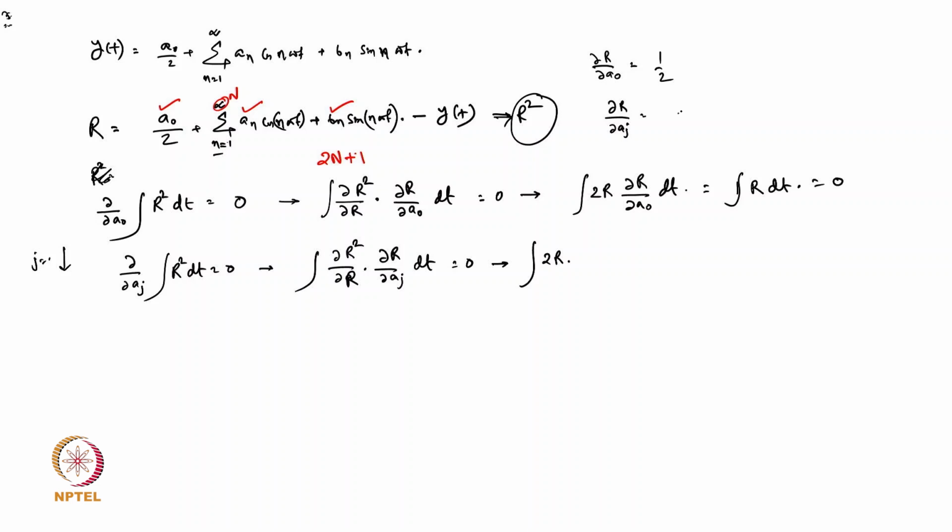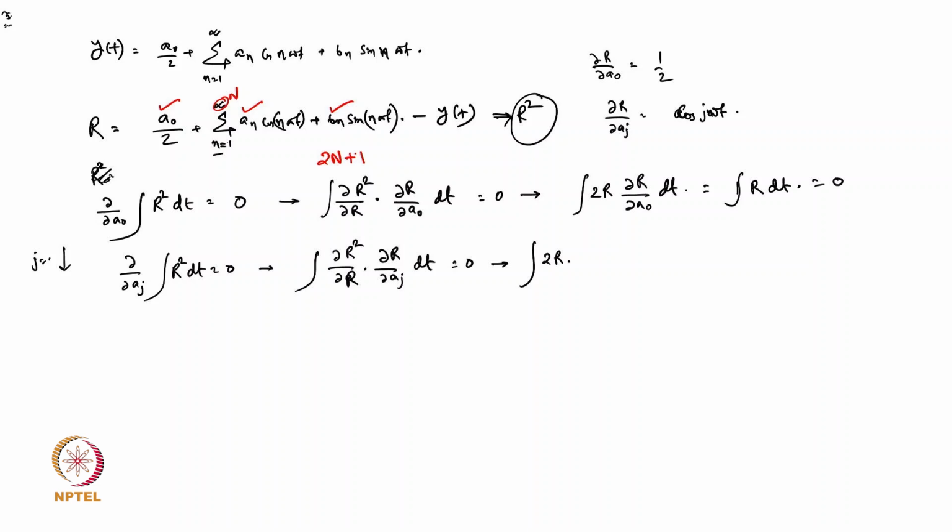That will be cos j omega t, because n is like omega t, 2 omega t, 3 omega t, 4 omega t, and you are doing it for a particular one with j, because that is also varying. So one time you will get that value only. Make sense?